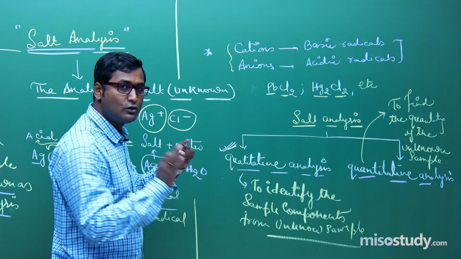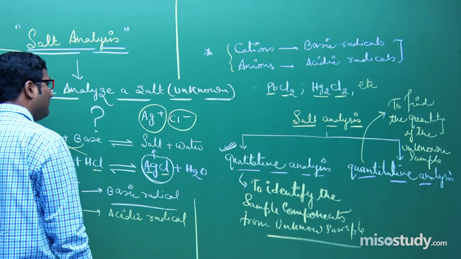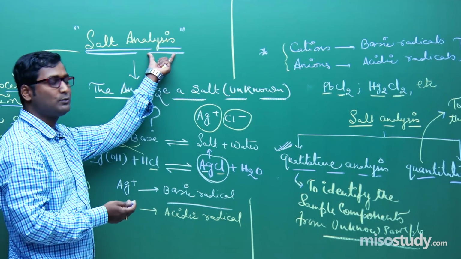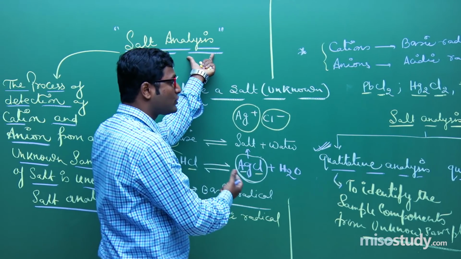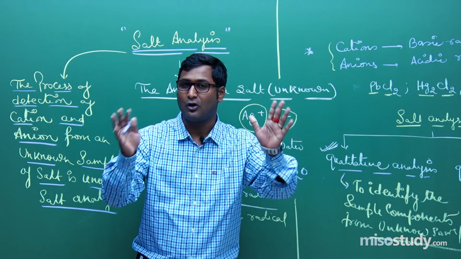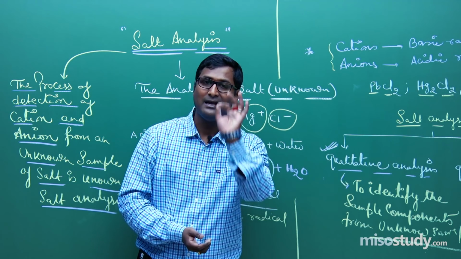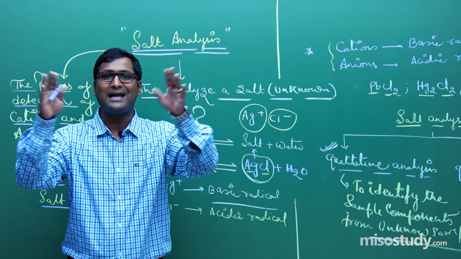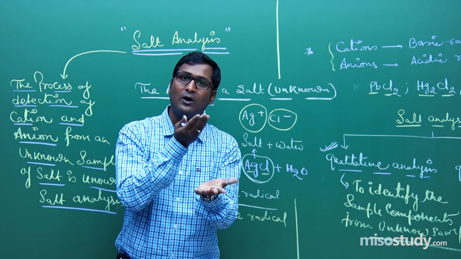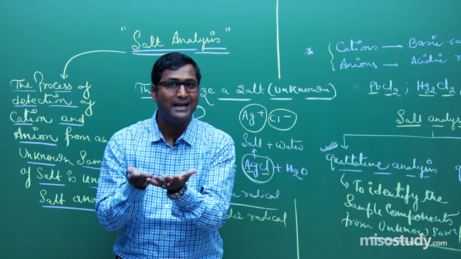But we'll move slowly because it is one of the important chapters. I think now you are very much familiar with what we are going to study in this chapter. Again I am repeating, if anyone asks you about salt analysis, it's very simple. Listen carefully. To analyze a salt, what to analyze? As we know, a salt contains cation and anion.